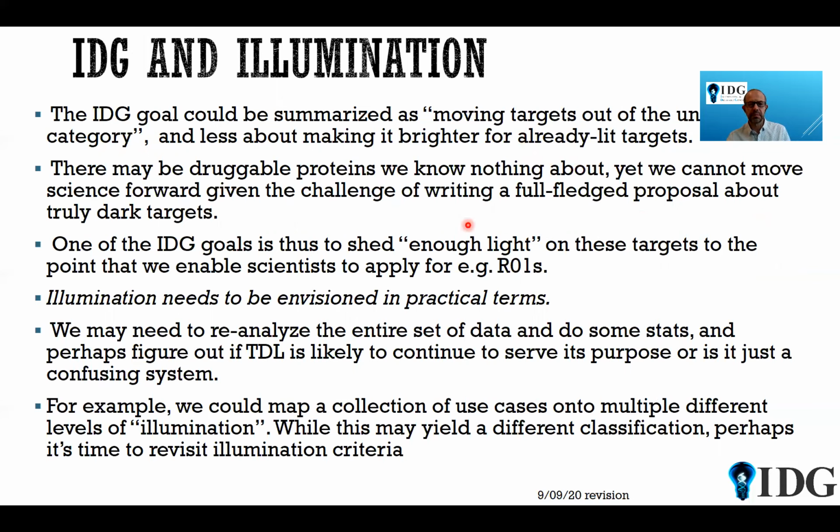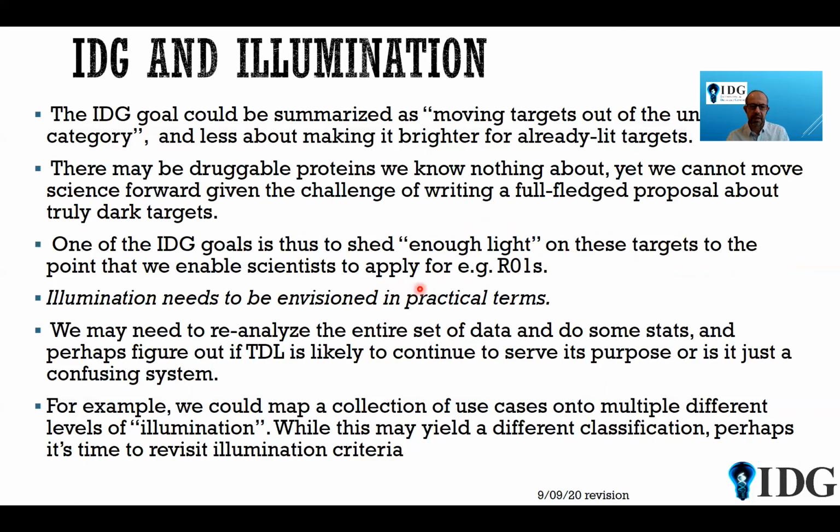Therefore, the challenge that we have is how to enable people to accumulate enough data to write a full-fledged proposal. Of course, the challenge is if it's a truly dark protein, there's not much to write about. So we really have to think about illumination in practical terms.